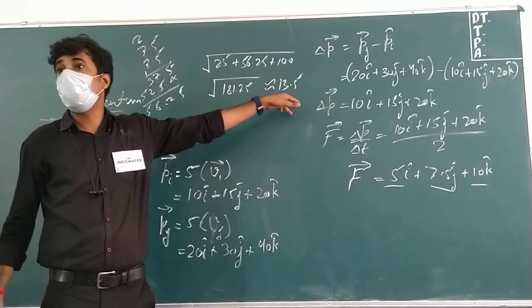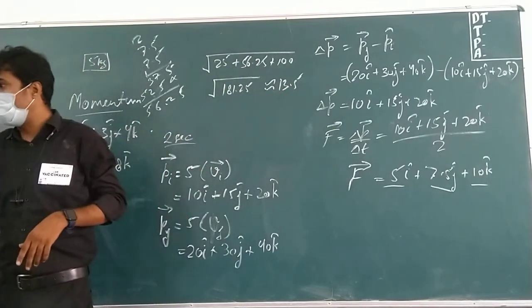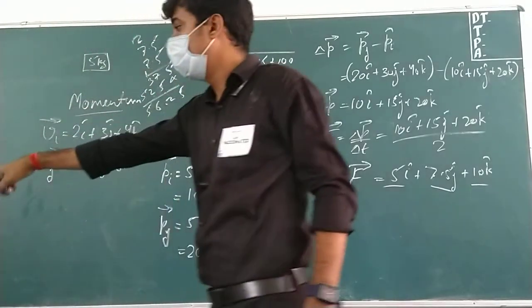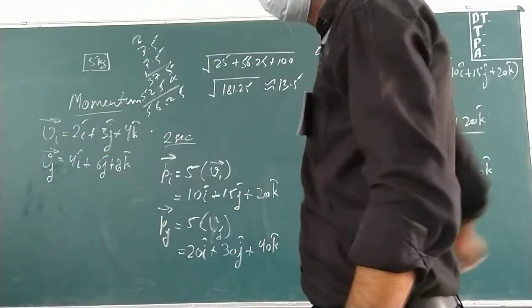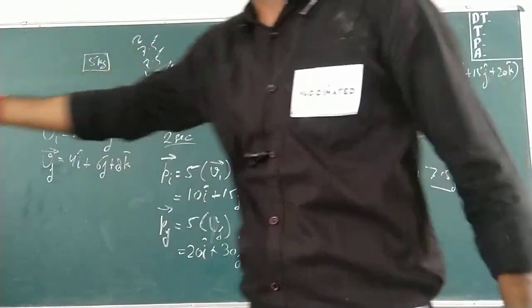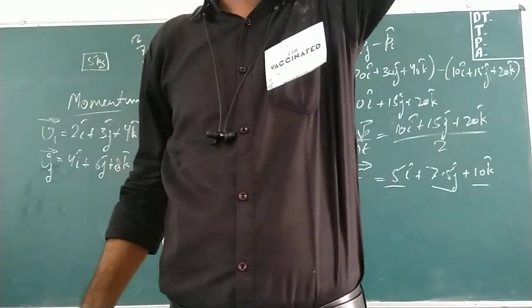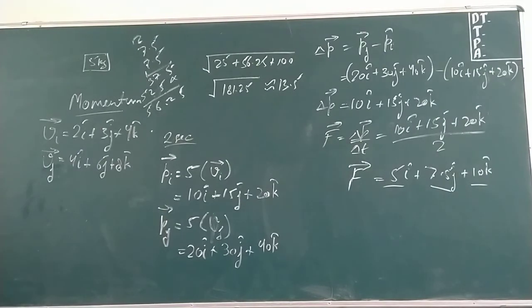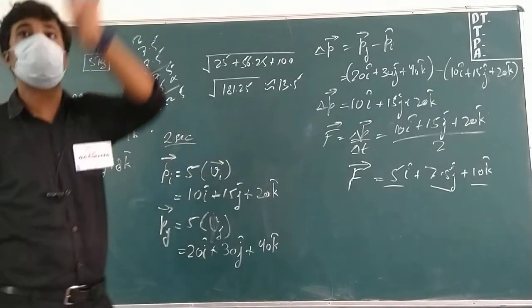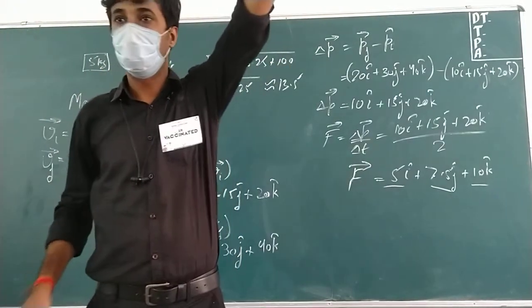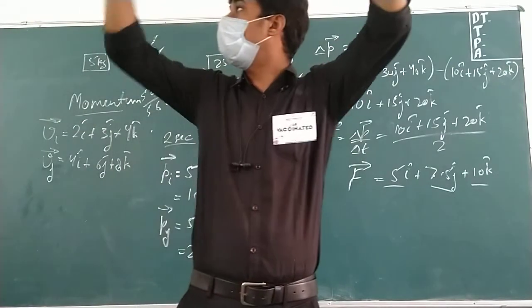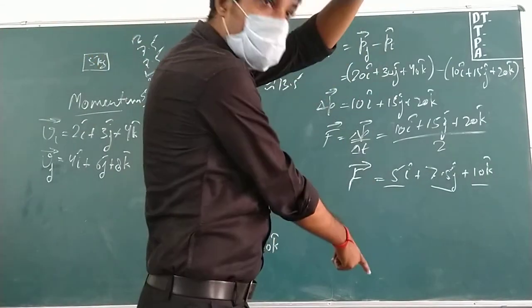Now suppose this is the corner of the room. One axis goes this way, one axis goes upward and one goes in that direction. Three axes are there. If I apply the force in this particular direction, then some component will be along the z-axis, some along the y-axis, and some along the x-axis.